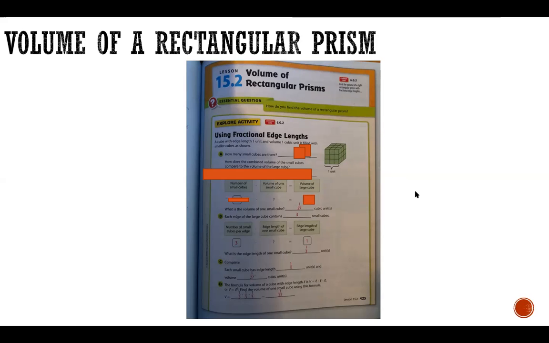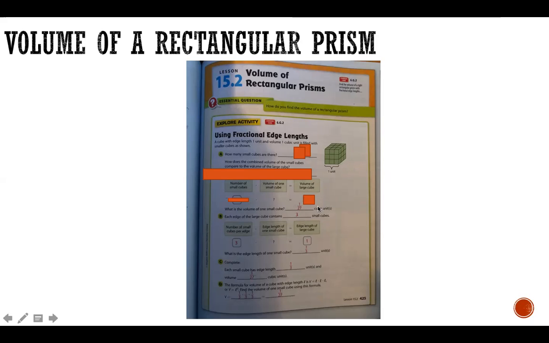So let's see if we can actually multiply that same thing. So we have 3 across, 3 wide, 3 long. We also have 3 high. So wide, long, height. 3 times 3 times 3 is 27.